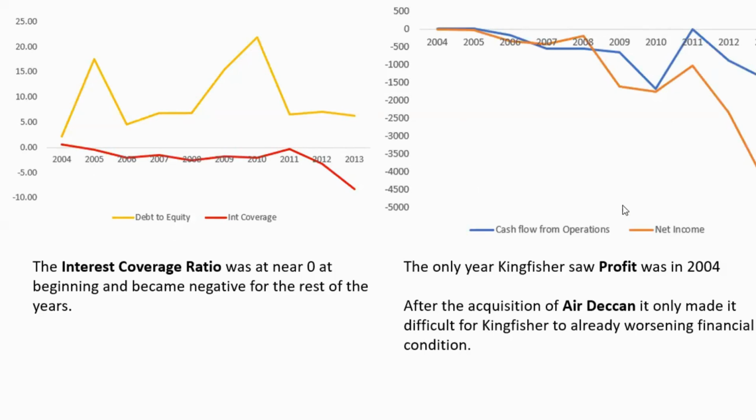And in the second graph, cash flow from operations and net income, we can say that Kingfisher Airlines never saw profit, barely any profit. It's almost near zero. And after 2012, after suspension of the license, it was all downhill from there. Air Deccan had made it worse for Kingfisher, which already had a weakened financial state.